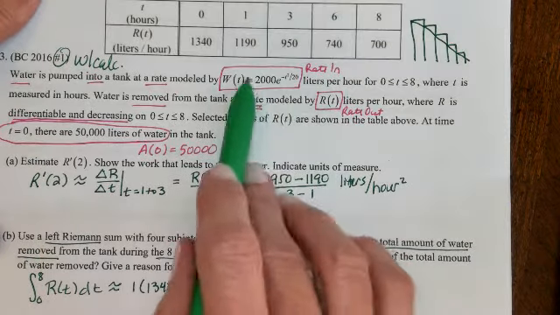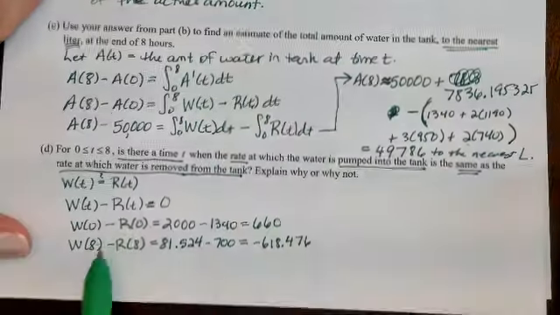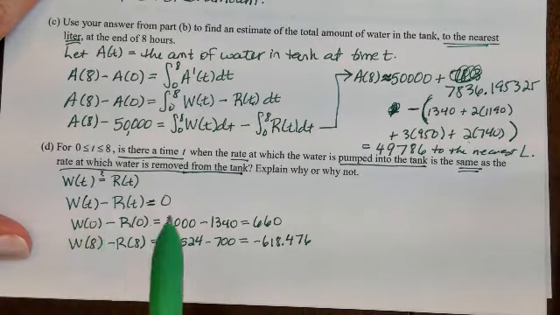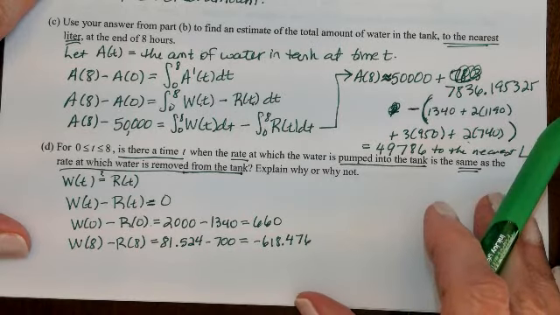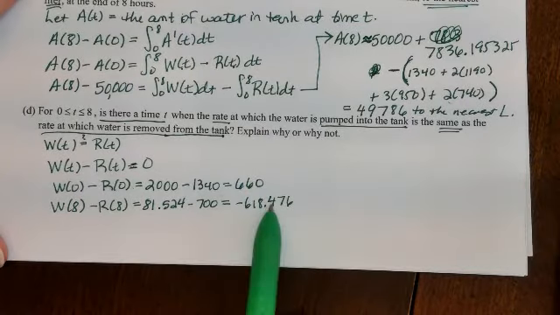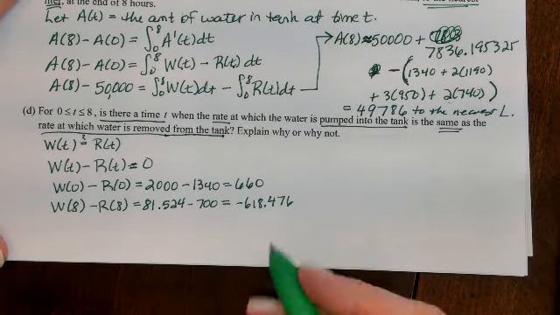I have two continuous functions, so their difference is also continuous. Therefore, the intermediate value theorem must hold true, and there must be a time when the difference is 0. Now it's just a matter of saying all of that.